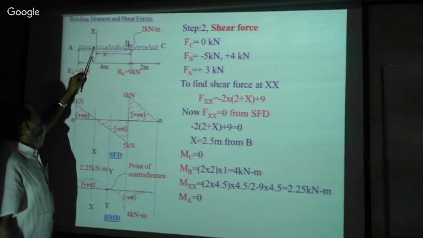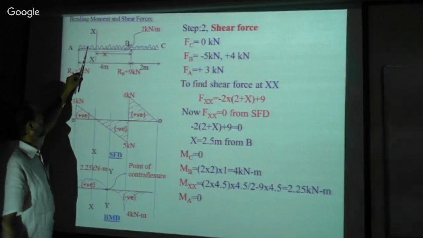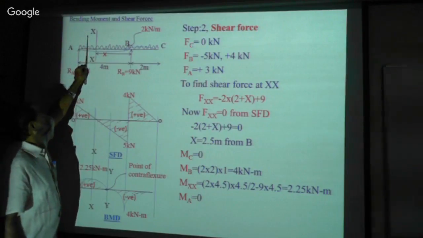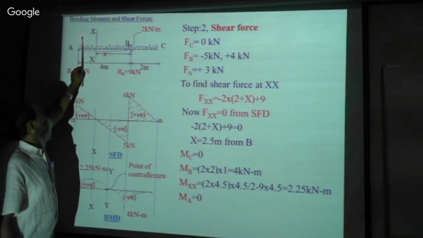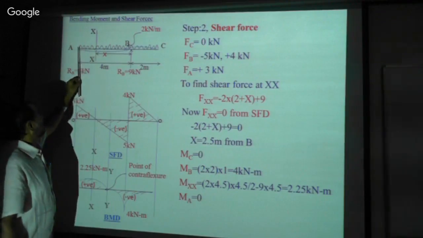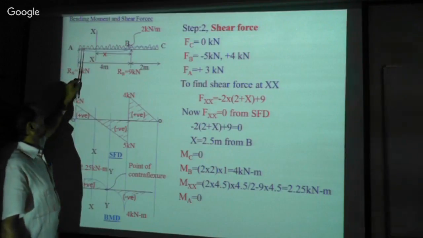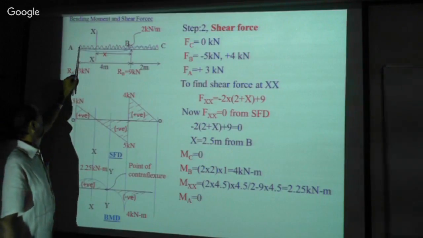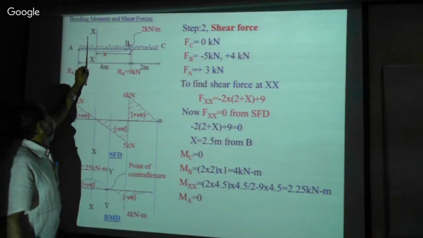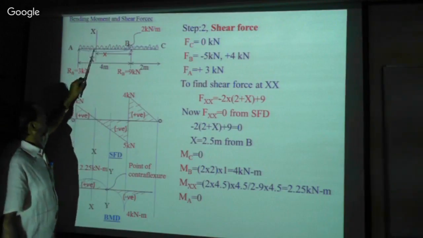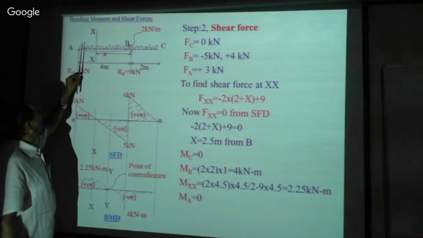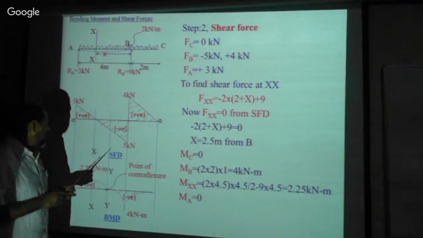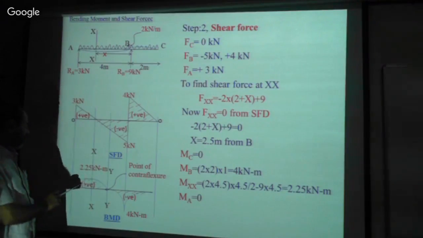Then the load 1.5 into 2 acts at the center, at a distance of 0.75 meter. Therefore, 3 into 1.5 minus 2 into 1.5 into 0.75 gives 2.25 kilonewton meter. This is the maximum bending moment.